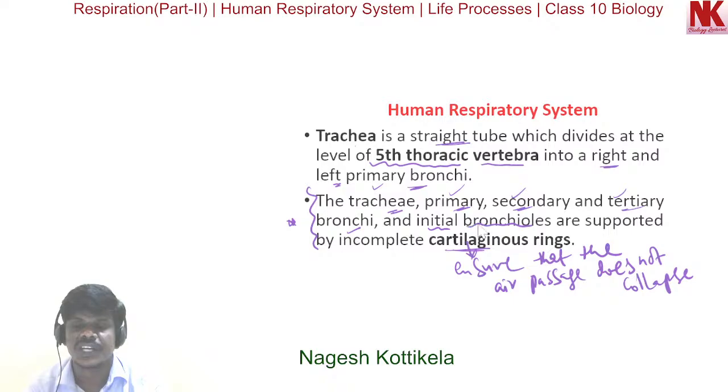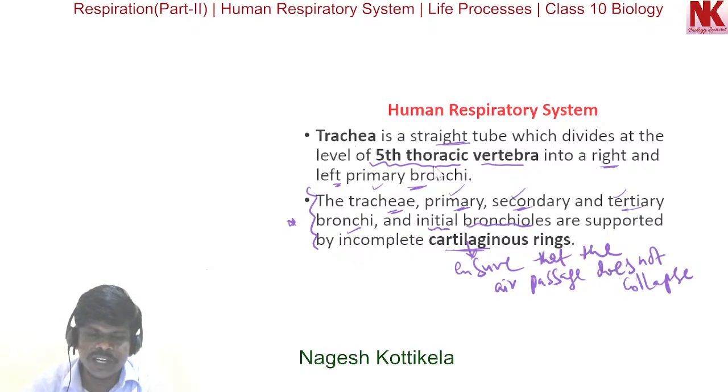All these structures have incomplete cartilaginous rings. These incomplete cartilaginous rings ensure that the air passage does not collapse. There is a continuous supply of oxygen because of this process. Now moving to the next.